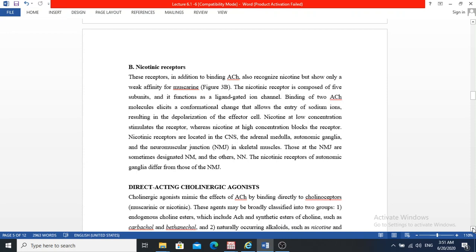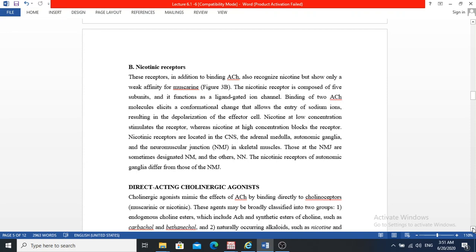This nicotinic receptor is composed of 5 subunits and functions as a ligand-gated ion channel. Binding of two acetylcholine molecules elicits a conformational change that allows the entry of sodium ions, resulting in the depolarization of the effector cell.